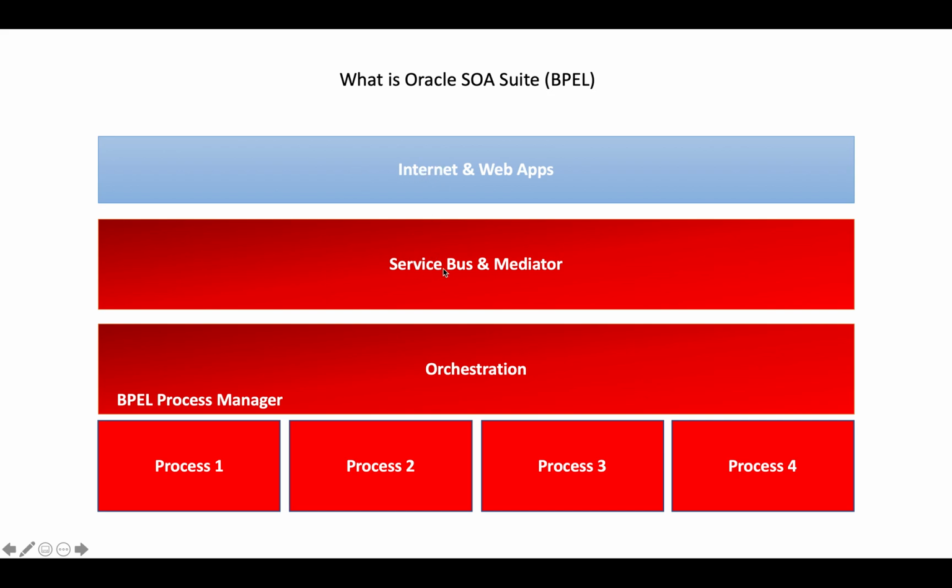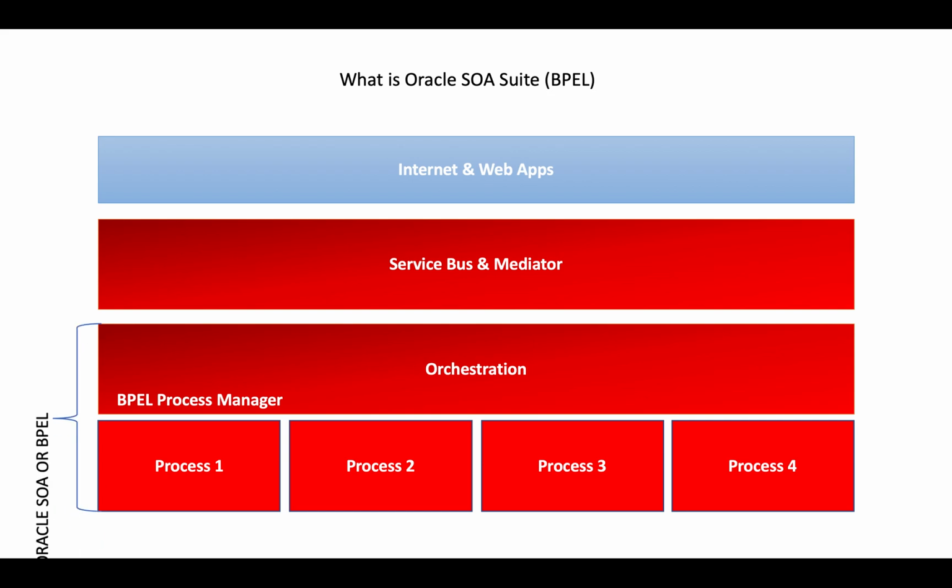They call the service bus proxy. The service bus proxy sends this message to the orchestration, and the orchestration is responsible for running the process. Then it sends a callback message to the service bus, and the service bus sends the message to the customer.